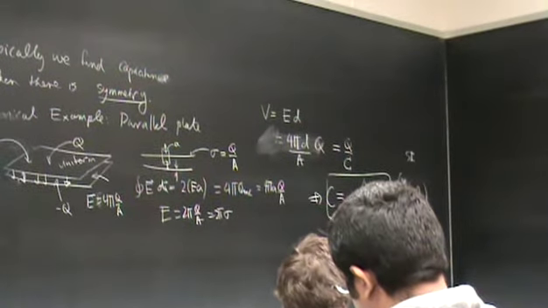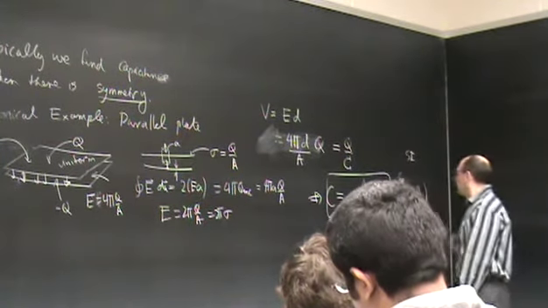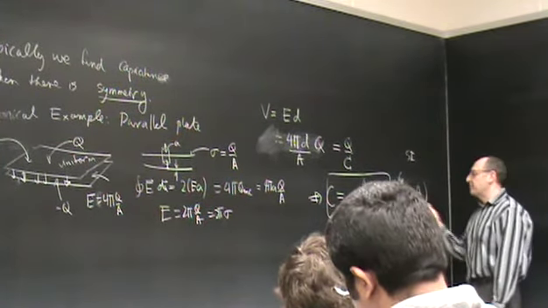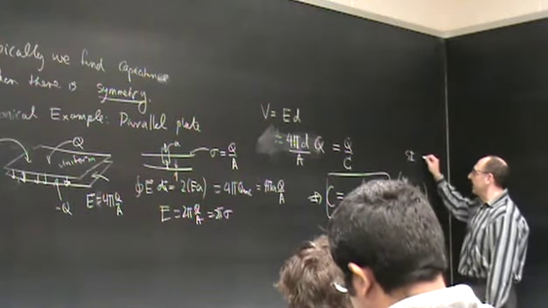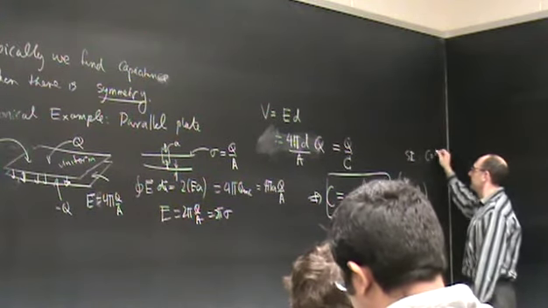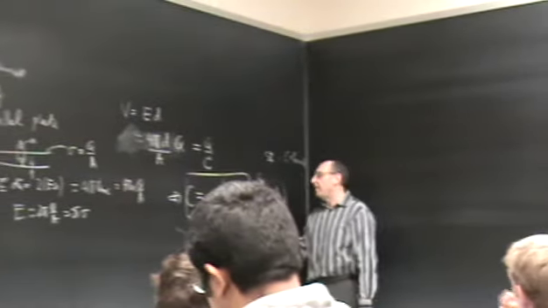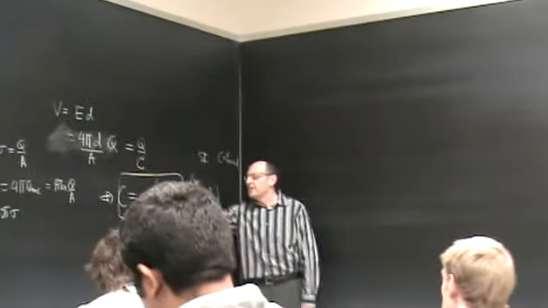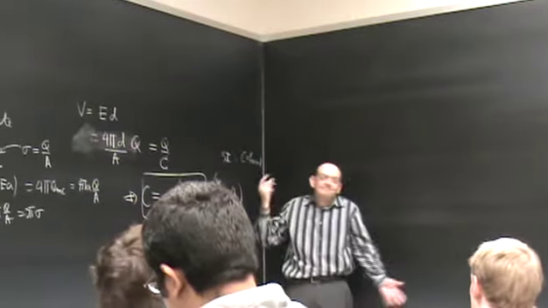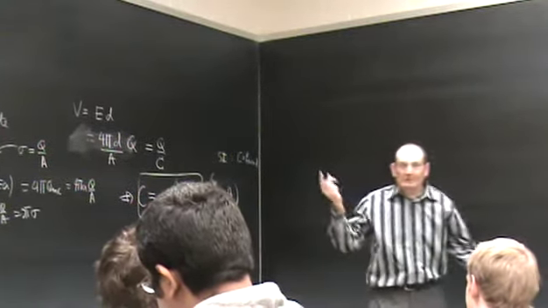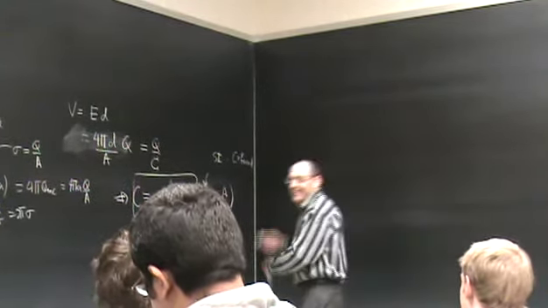So often in SI units, the units of capacitance are farads, so epsilon naught is often given in terms of farads per meter. Whatever.